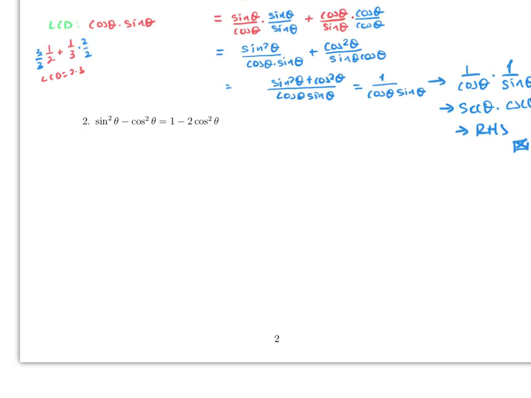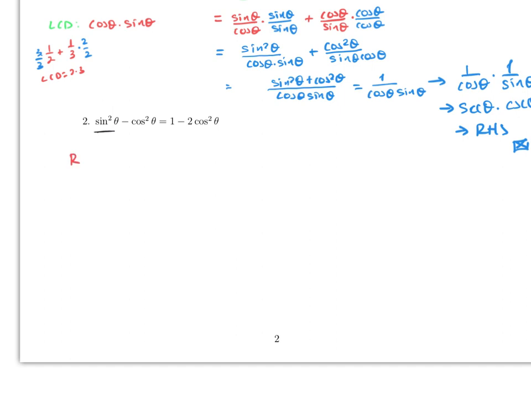All right, so let's move to the next example. Here you can go from left to right, since the left looks a little more complicated. Notice that since you have cosine on this side, it will be very useful to change sine into cosine.